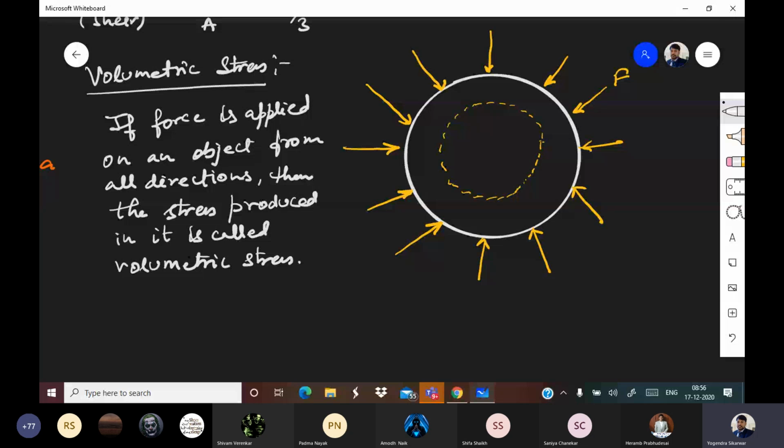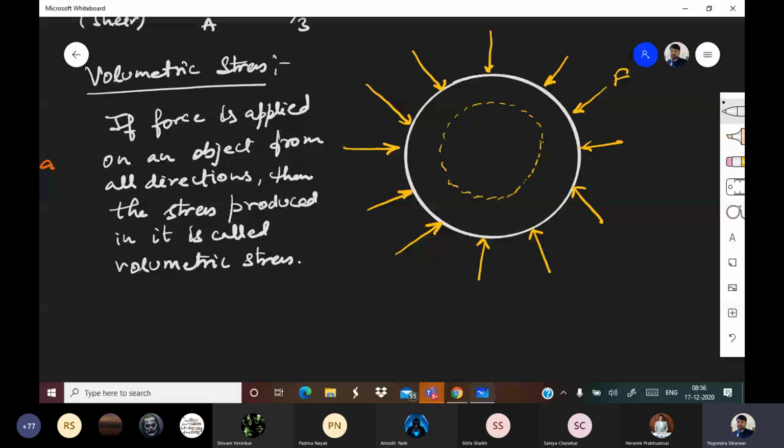Okay, you must have seen people playing a game called rugby. In rugby, what happens? One person falls and so many other persons start falling on it from all possible directions. That can also be treated as one form of creating volumetric stress. Yes or no? I don't know how they survive after that, but yes, that can be treated as volumetric stress.